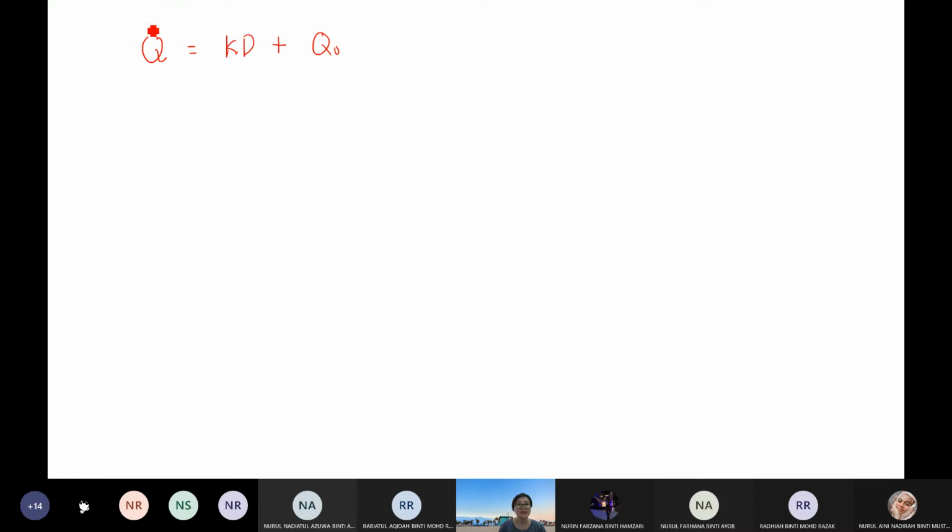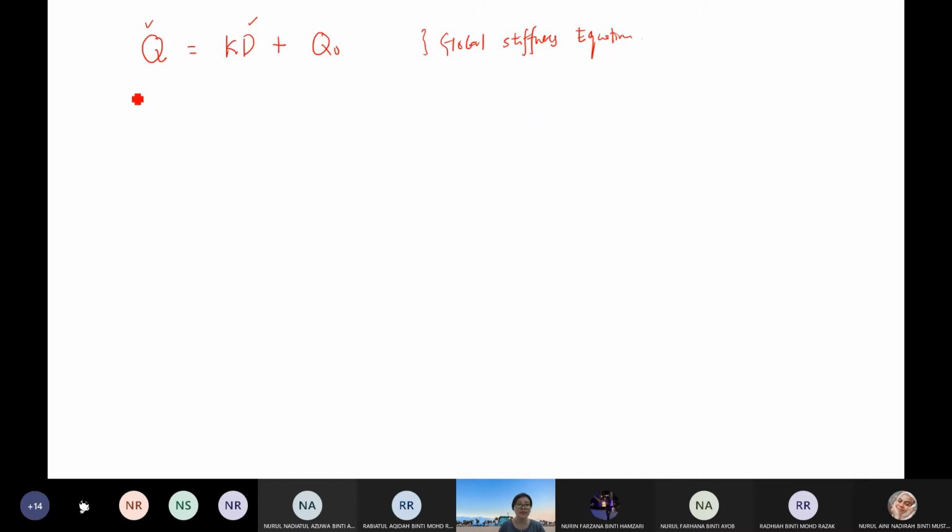We have determined the Q, we have determined the D, we haven't determined the Q naught, but we are almost done with the K. All these are the global stiffness equation. What we have done earlier is just to prepare for this equation.